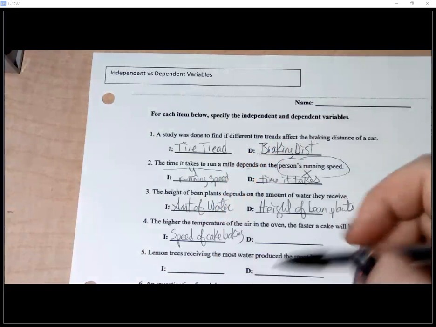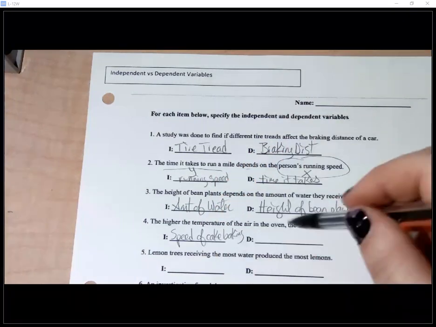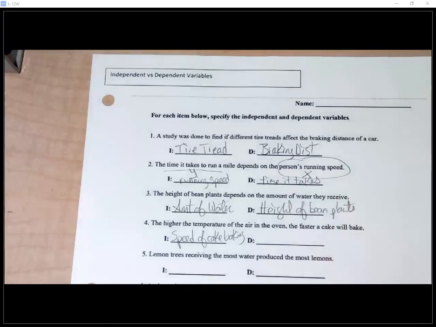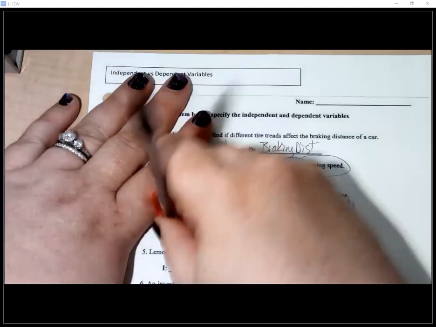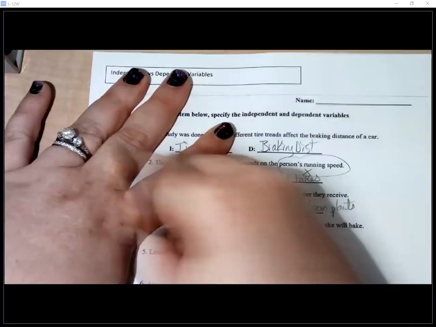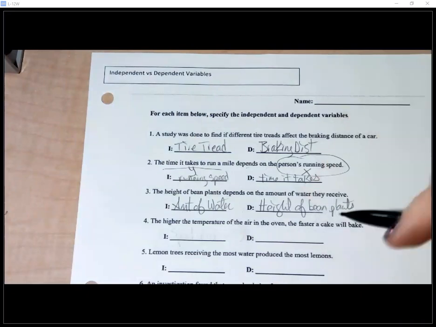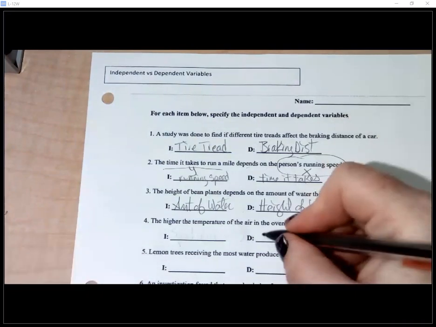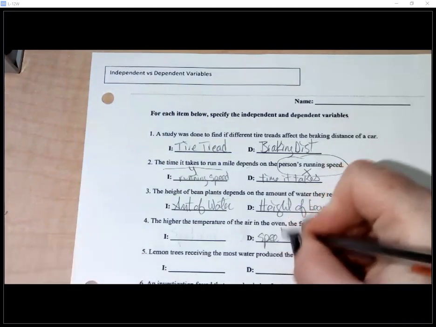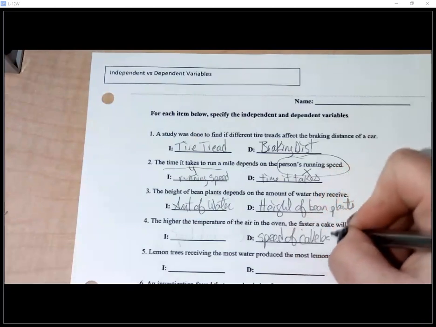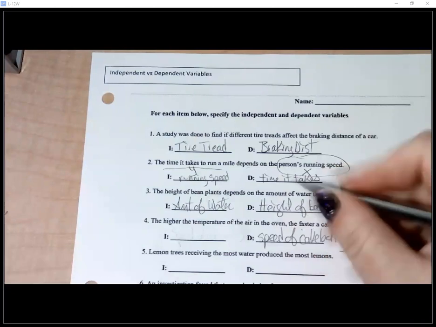Yeah, I did. Sorry. Hold on. The speed depends on the temperature of the air. Oh, I put them in the wrong spot. The speed of cake baking depends on the temperature of the air.